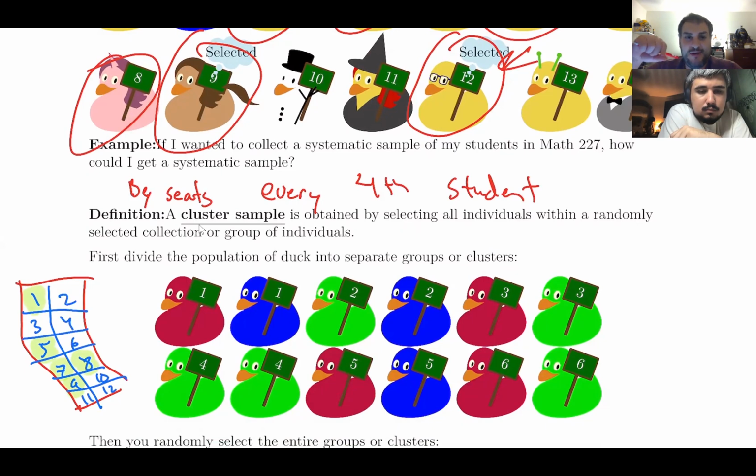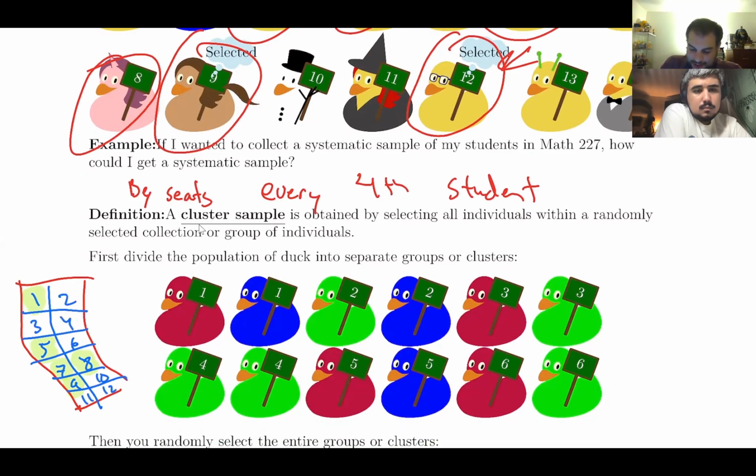So the difference between stratified sampling and cluster sampling: in a stratified sample, once you divide it into groups, you randomly select from each group. But for a cluster sample, once you randomly select a cluster, everybody inside of the cluster automatically gets chosen.